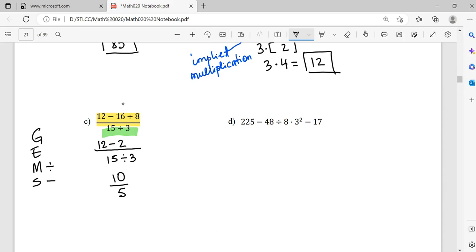So I have 10 in the numerator, 5 in the denominator. Okay, and I can actually treat this as a division problem. 10 over 5 is the same as 10 divided by 5, which will give me 2 as the result.